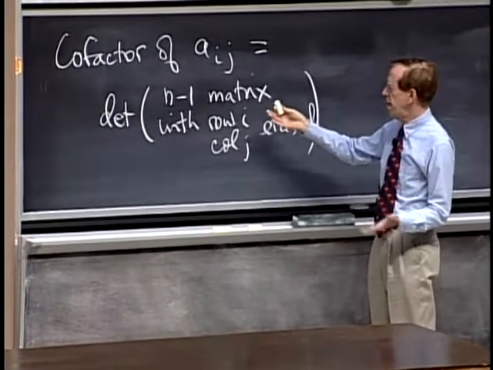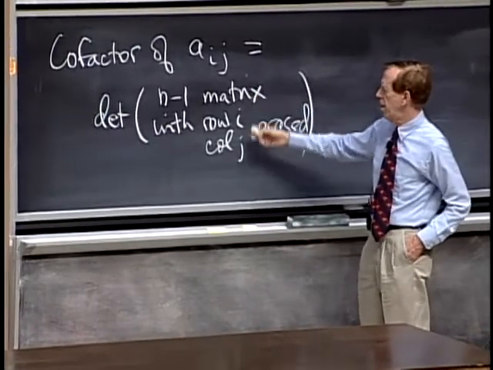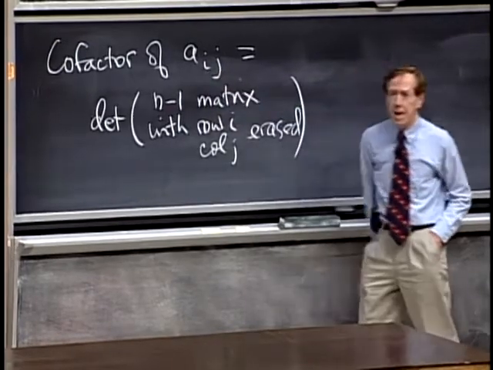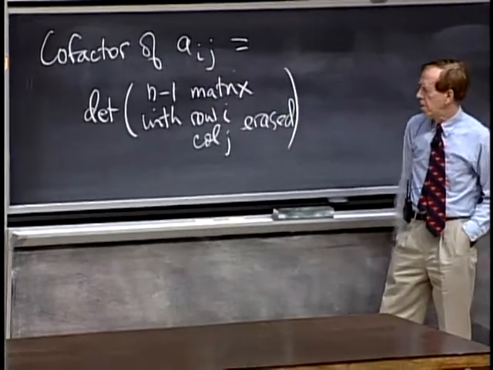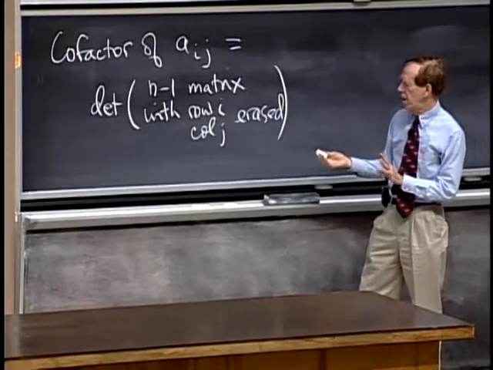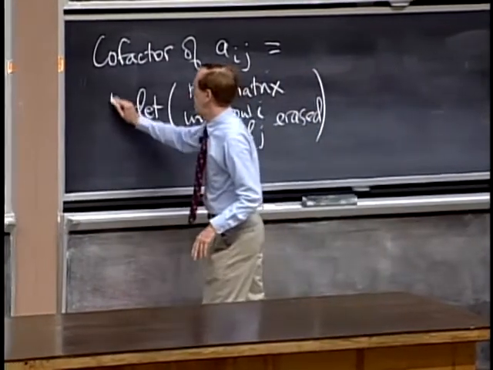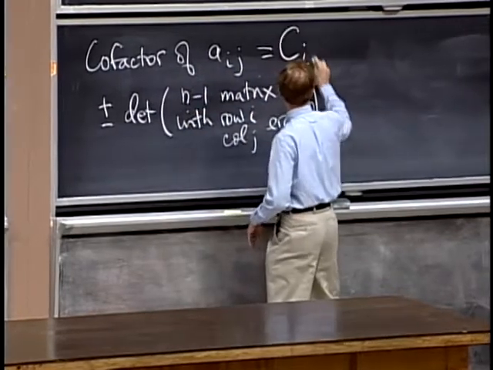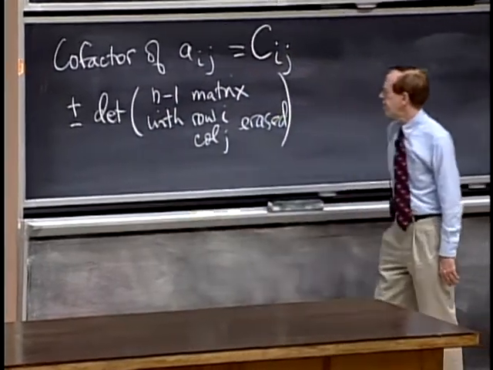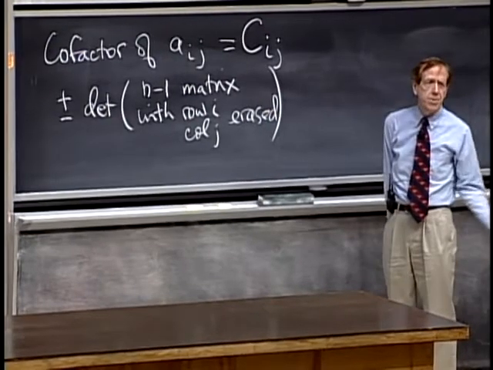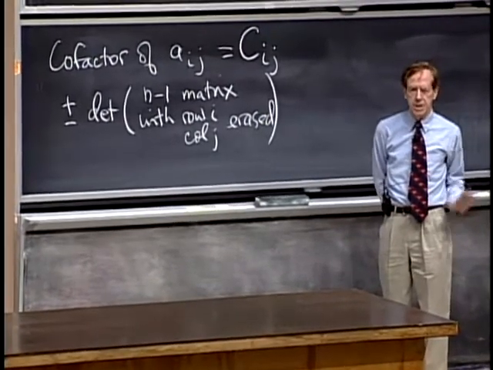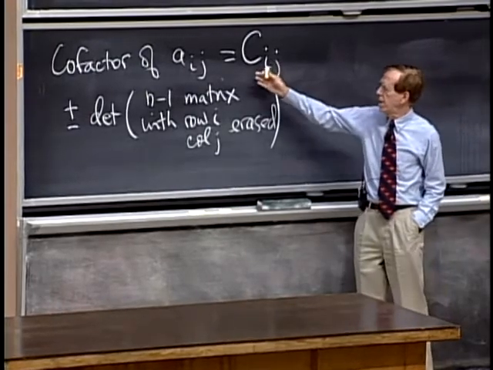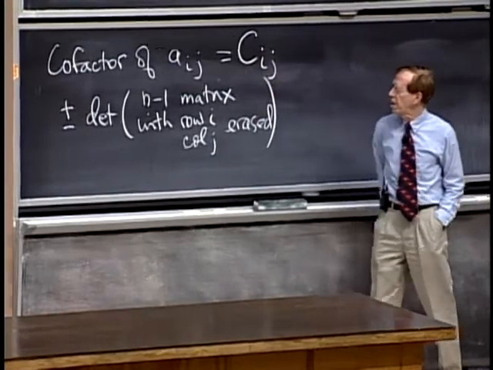So it's the matrix of size n-1 because I can't use this row or this column again. So I have the matrix all there. But now it's multiplied by a plus or a minus. This is the cofactor, and I'm going to call that Cij. I'll use capital C just to emphasize that these are important and different from the A's.